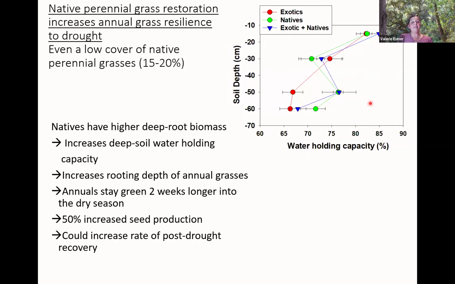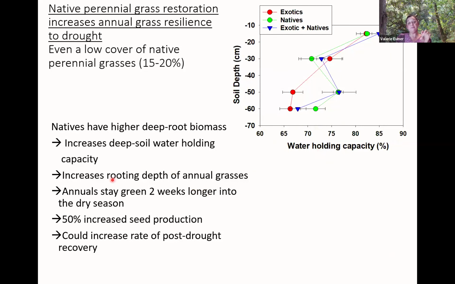What we were seeing, especially during drought times, is that those annual grasses normally don't root that deeply, but when the natives had built that deeper soil carbon that had the water, they actually increased their roots down there. So that further increased deep soil water holding capacity and carbon.